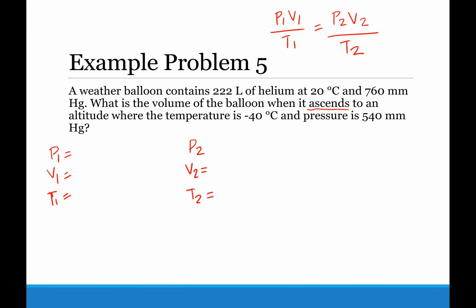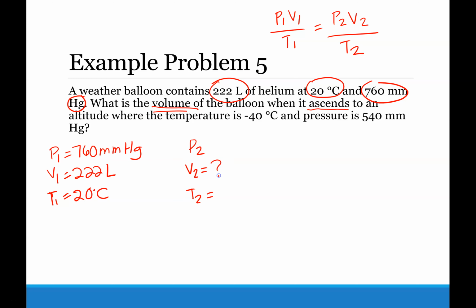So the weather balloon initially contained 222 liters of helium, so that's a volume, at 20 degrees Celsius, that's the temperature, and at 760 millimeters of mercury, that is a pressure. What is the volume of the balloon?